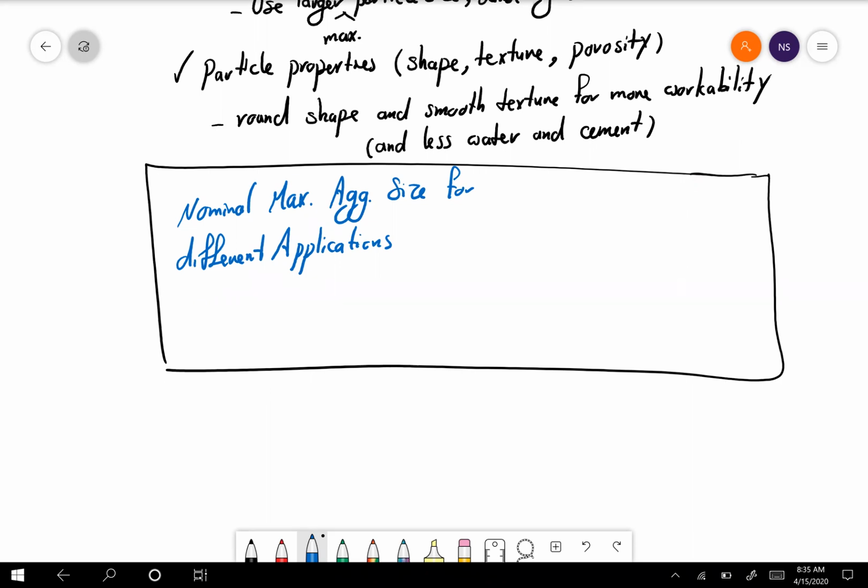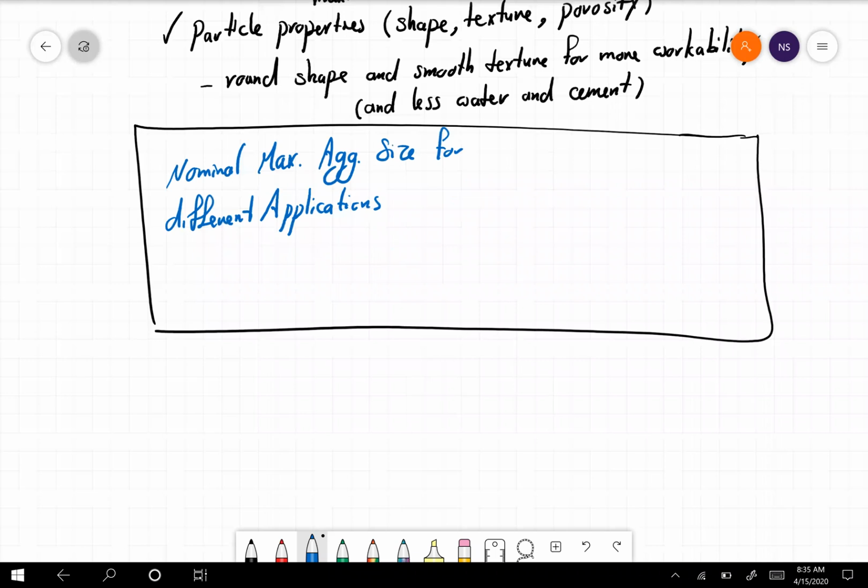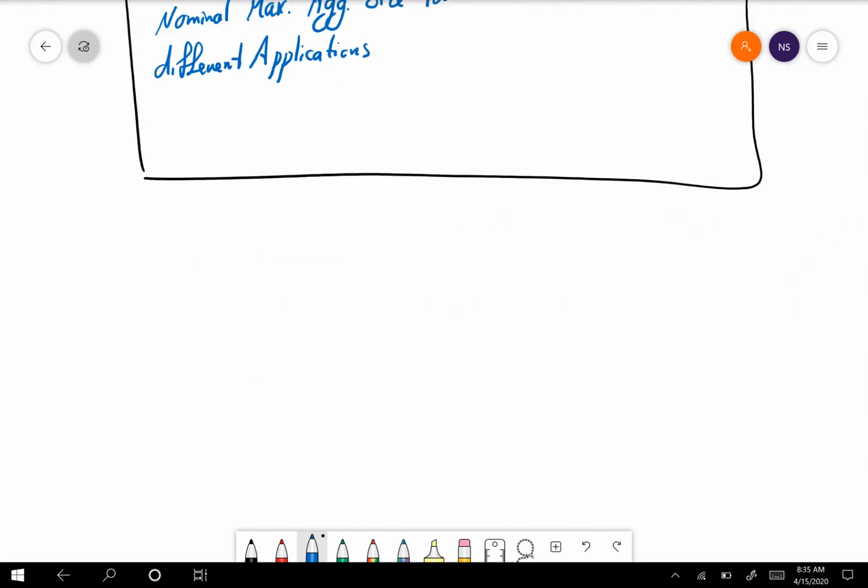There is another requirement for how much bulk volume of coarse aggregates you can use. We probably don't need it for now, but I'm going to insert the table here anyway.